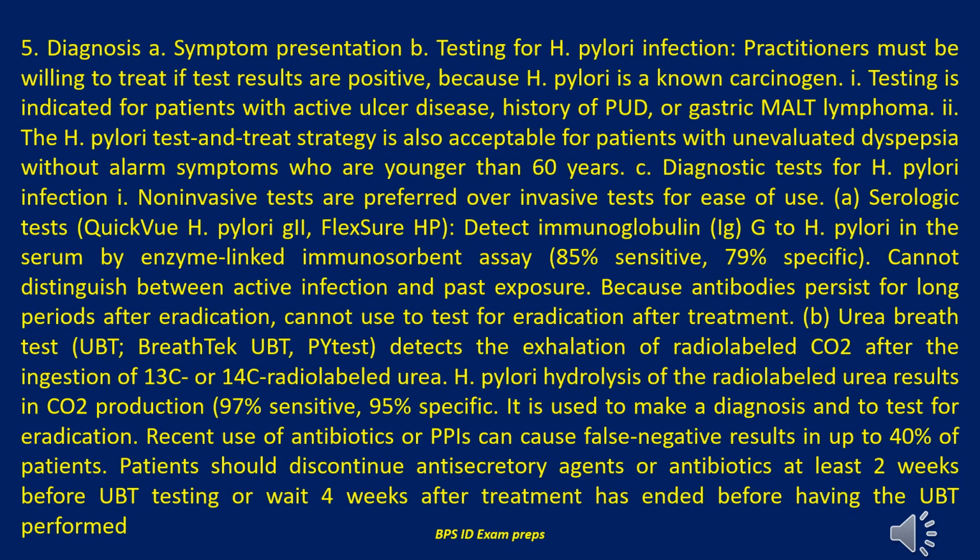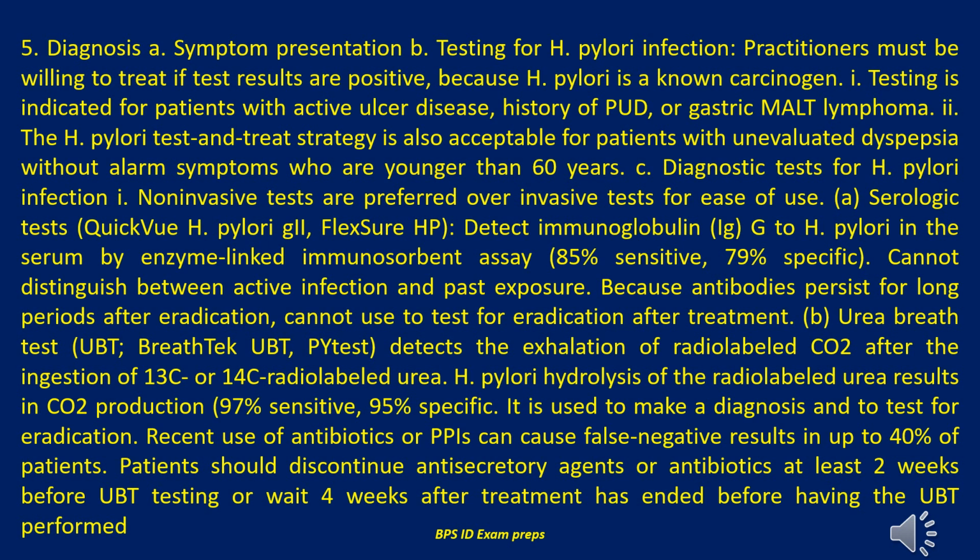C. Regarding diagnostic tests for Helicobacter pylori infection. 1. Non-invasive tests are preferred over invasive tests for ease of use. A. Serologic tests include the following: Quick View Helicobacter pylori GII, and FlexSure HP. They detect immunoglobulin IgG to Helicobacter pylori in the serum by enzyme-linked immunosorbent assay.